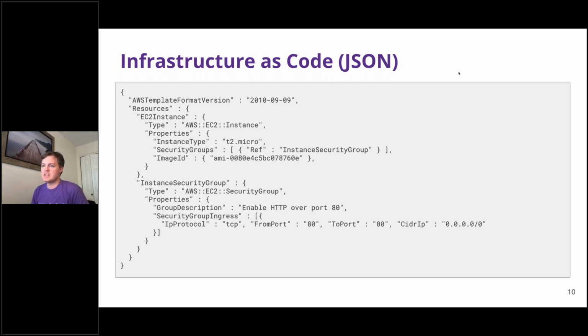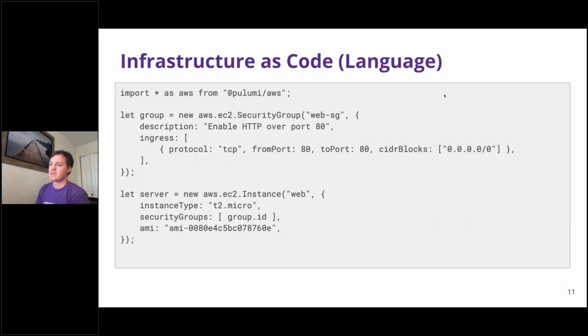Of course, doing this in JSON, or even in YAML, is pretty author unfriendly. There's not a whole lot of support around how you author these things. It's very slow, with not a lot of help from a software engineering perspective. But it has the raw object model I want to be able to describe and manage the resources in my cloud, and it's a very popular tool for managing cloud infrastructure.